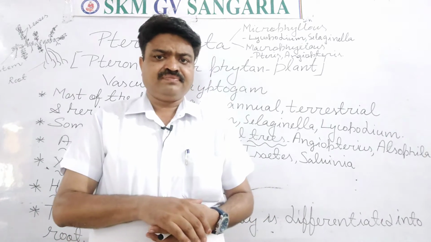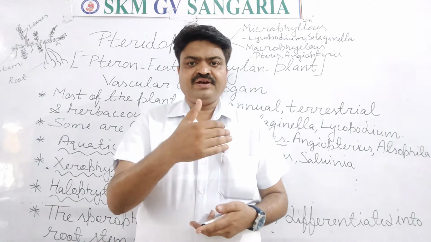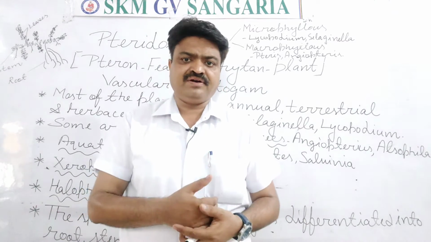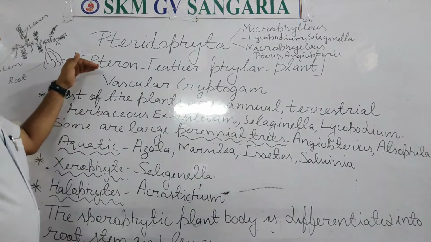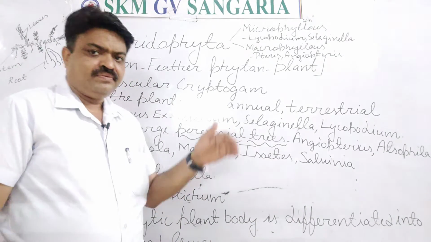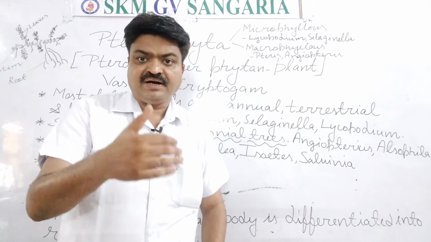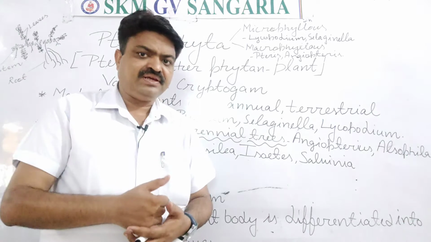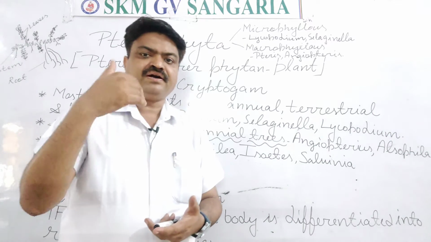This word Pteridophyta is generated from the Greek word pterion. Pterion means feather or wing, and phyton means plant. It means these plants have a feather-like body. That's why they come in the category of Pteridophyta.